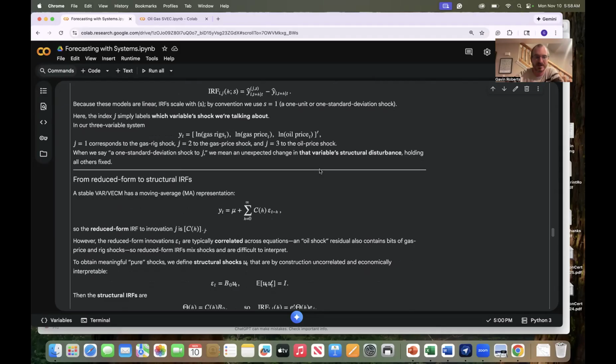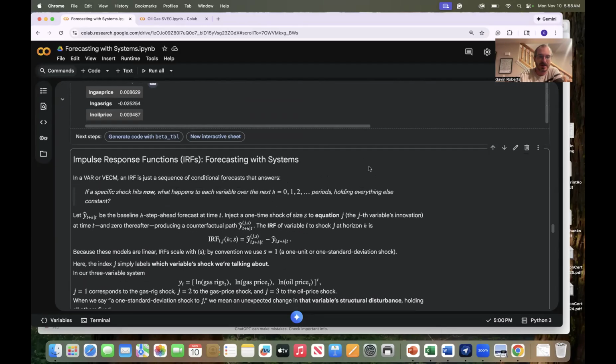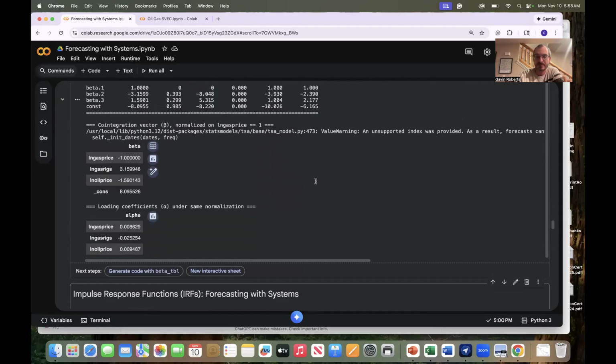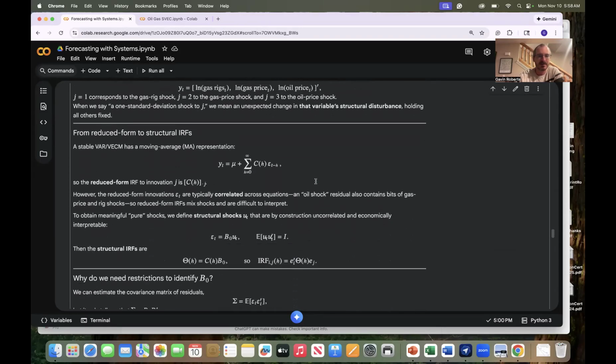So now we need to think about the difference between reduced form and structural, because structural means like there was a 1 standard deviation change in oil prices. However, we're not really ready with our estimated system, our vector system, to do that yet.